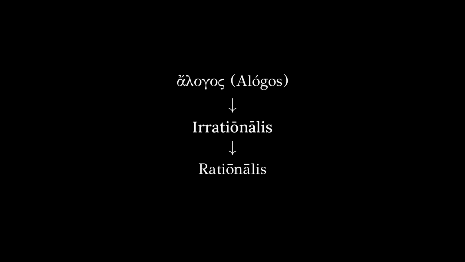Then, as the words irrational and rational reached English, it seems that the word ratio was formed from rational. The word irrational was first attested in English in 1551, rational in 1570, and ratio in 1660.